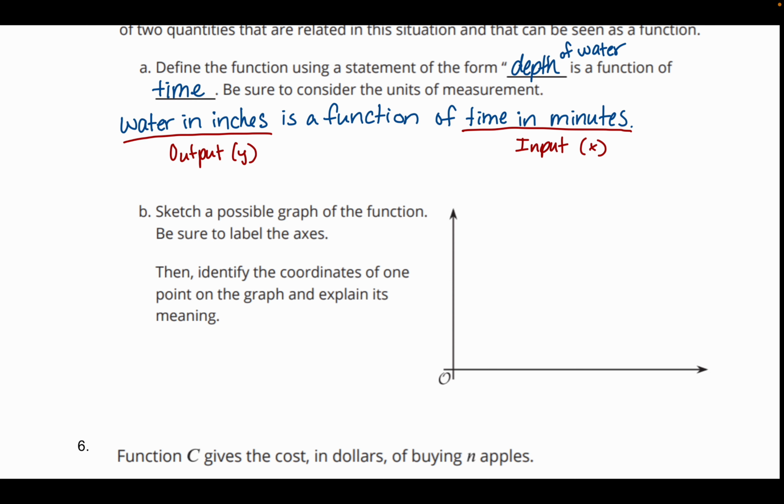So for part B, if I am graphing this, I want to put time in minutes on the bottom. So I'm going to say time in minutes. And I can say water in inches for the side.